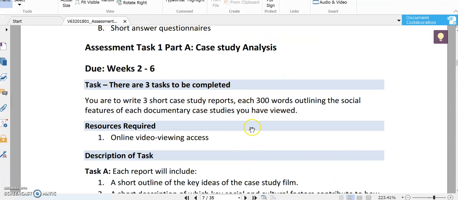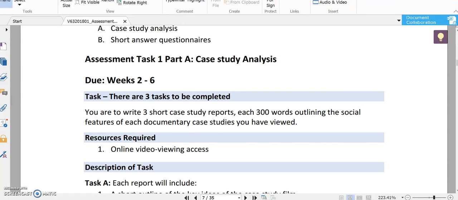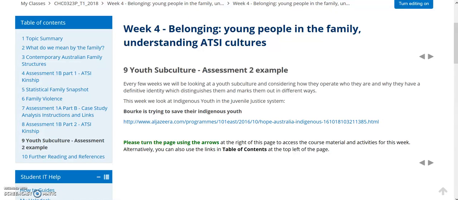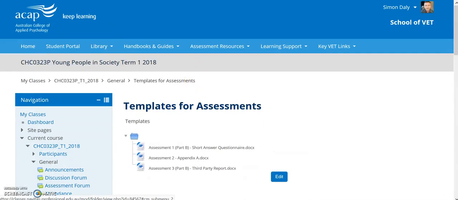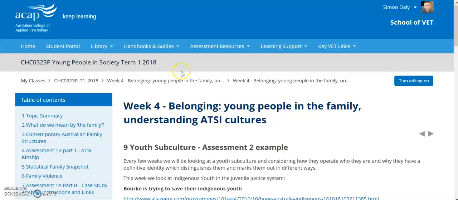So have a look at the assessment guide here. If you download the subject and assessment guide, I'll point out where that comes from. In your subject information, you can download a copy of the assessment manual and the learner manual here. So once again, let's go back to the main page.